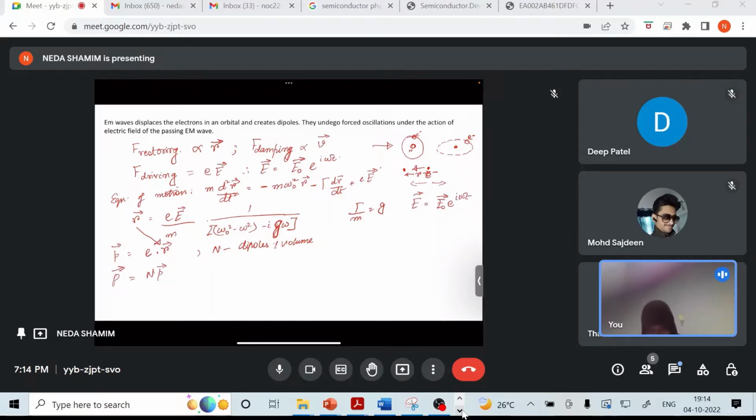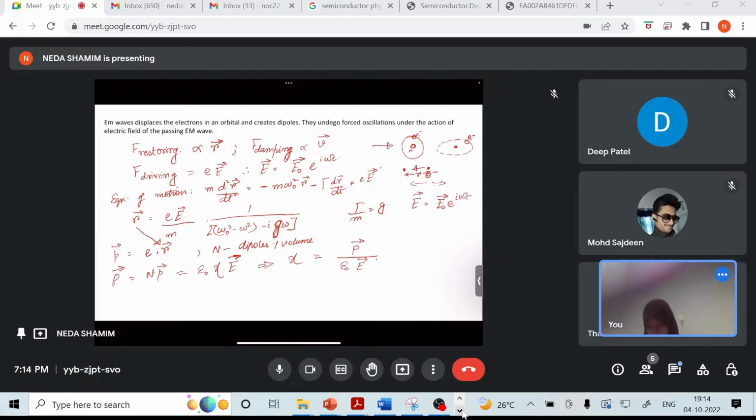And we know from dielectric and electromagnetic courses that this is equivalent to epsilon 0 chi E, where chi is the susceptibility. So this chi can be written as P by epsilon 0 E. Am I right or wrong? Here P is n p.